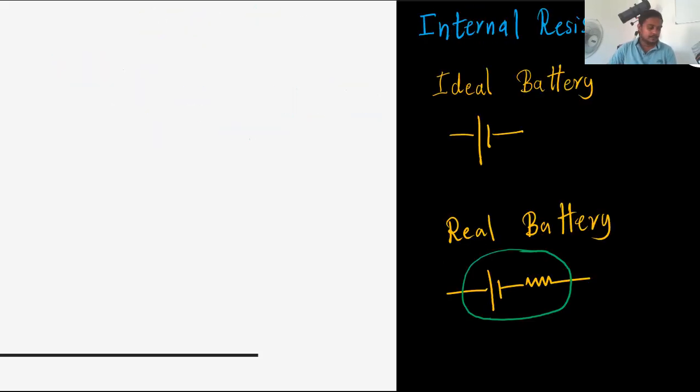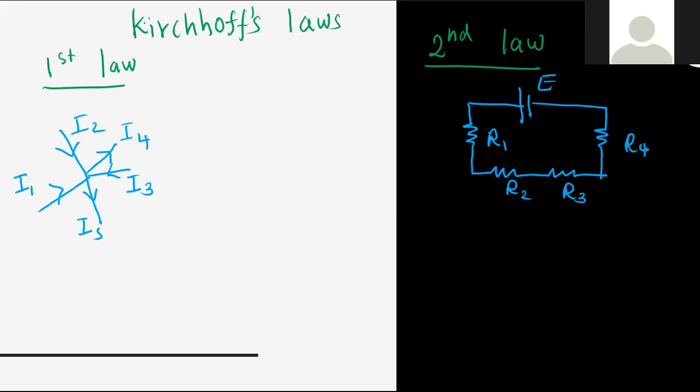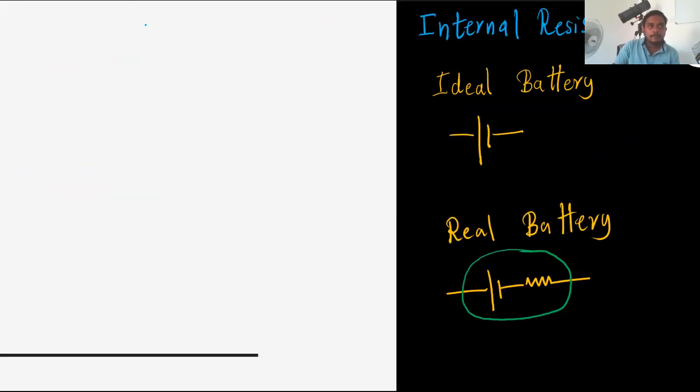Normally, for ideal cases, ideal means things that can never happen. So the ideal ones, what you get is the theoretical one. For the theoretical one, you don't have any resistance.